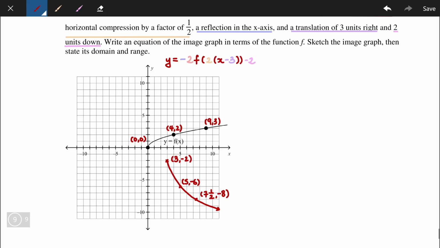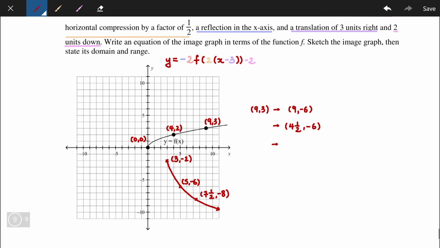Right, so we're just going to use the point 9, 3 as an example. So here, after the a value is applied, we'll have the point 9, negative 6. After the b value is applied, we'll have 4.5, negative 6.